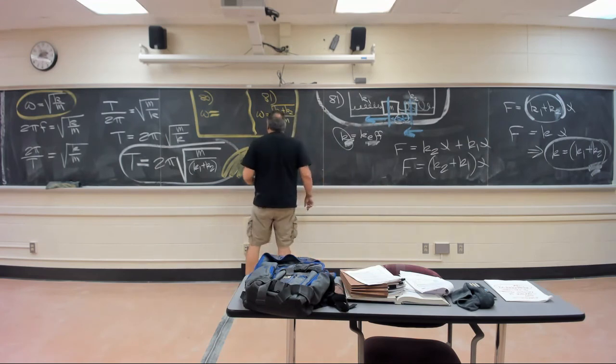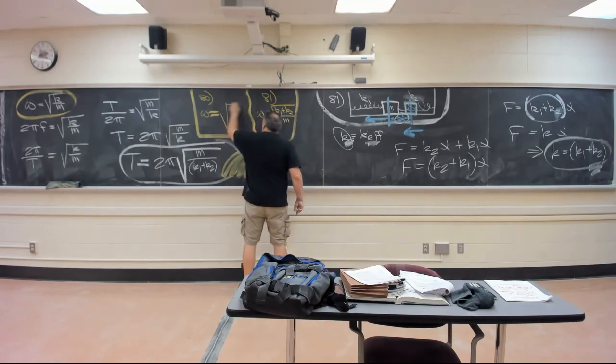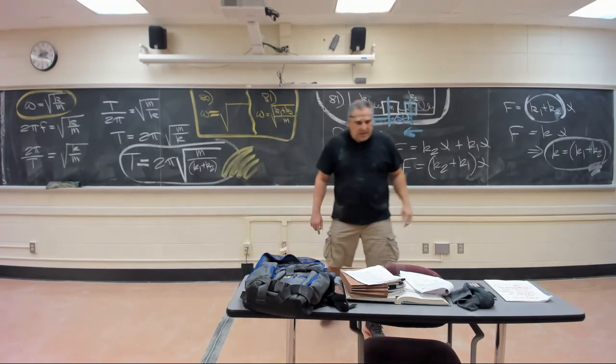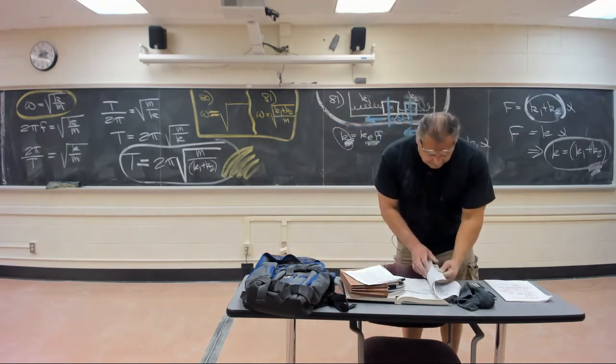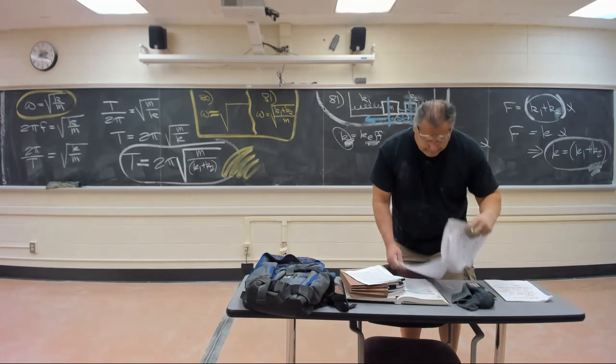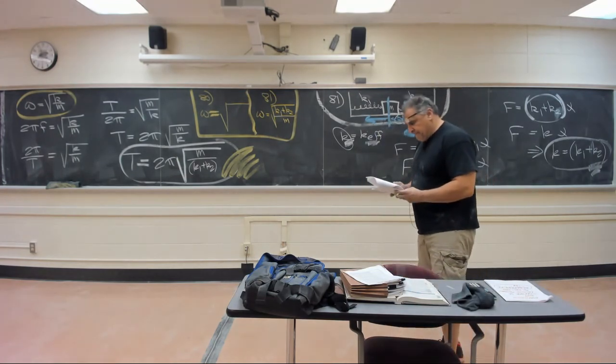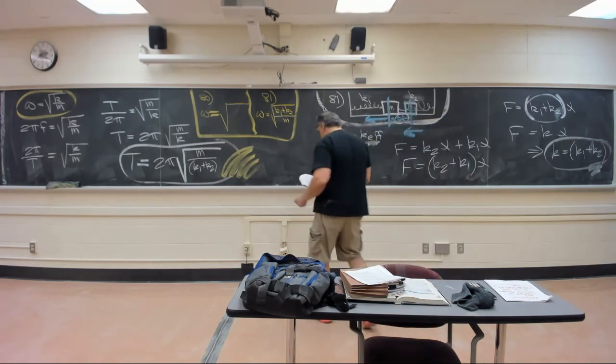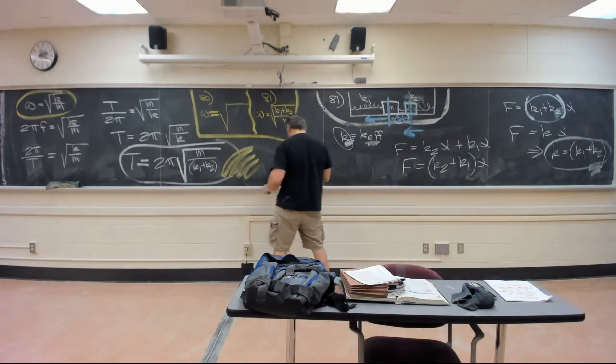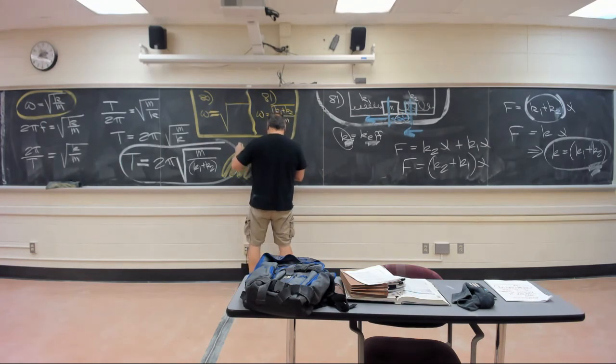The other guy is K1, K2. This is a little extra. They didn't ask us for this. M, K1 plus K2.